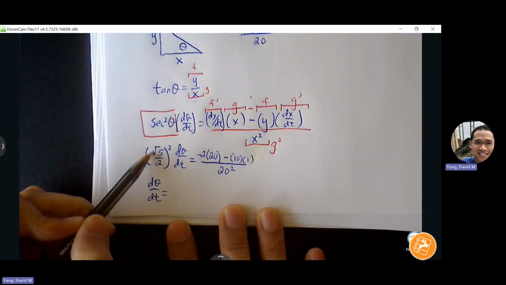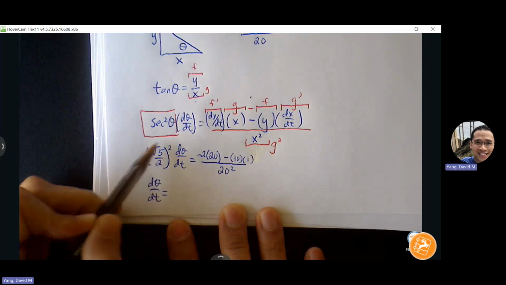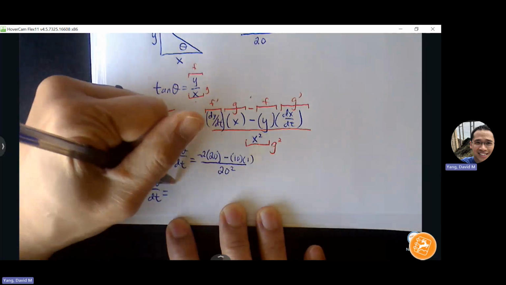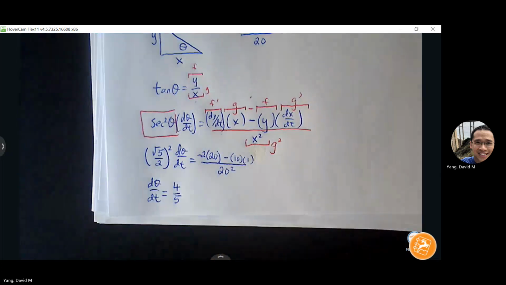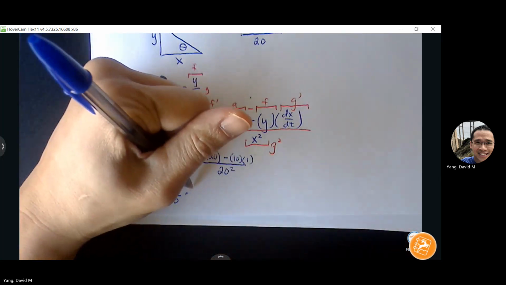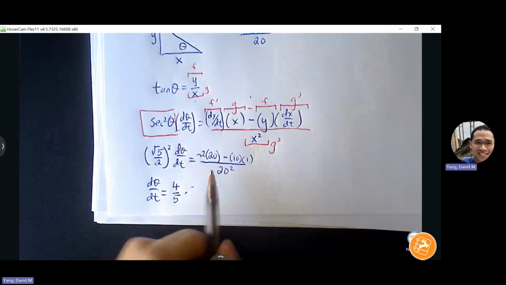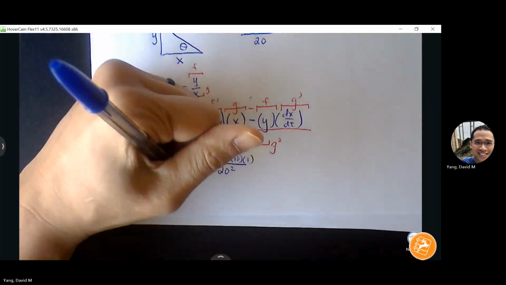Okay, this becomes 5/4. I'm going to divide by that fraction, which is the same thing as multiplying by the reciprocal. I'm going to flip that over to the right side. This is -40 minus 10, so that's -50.